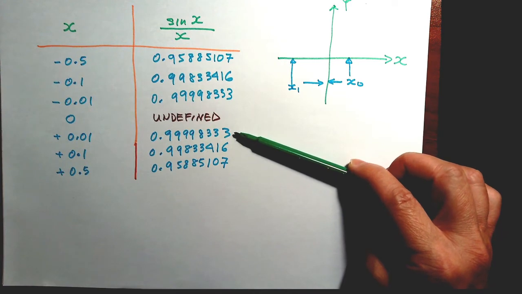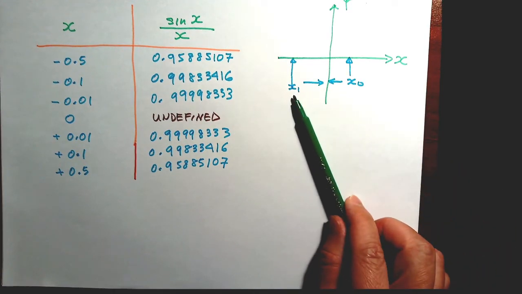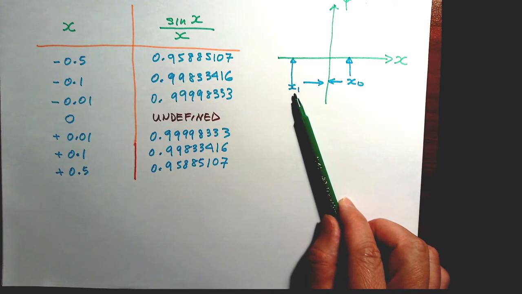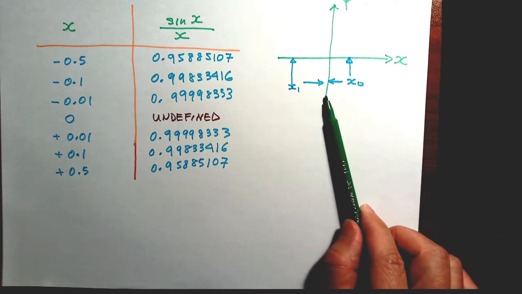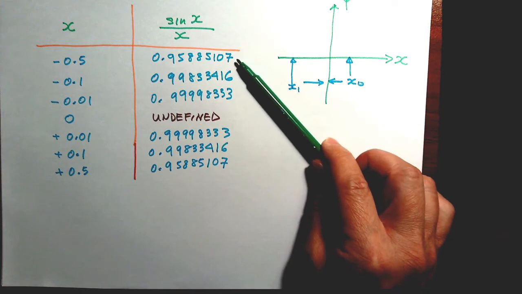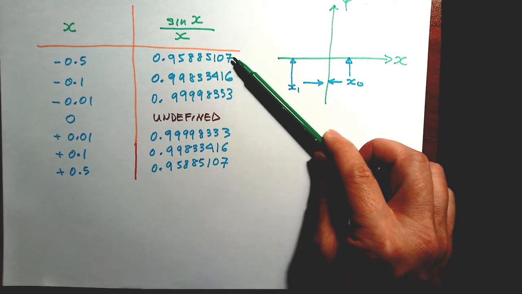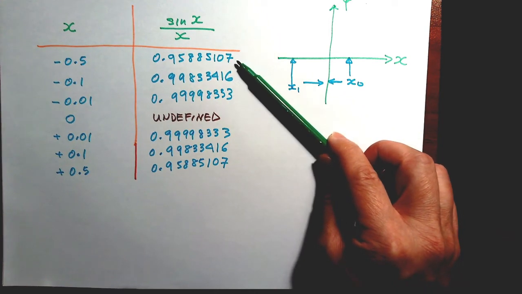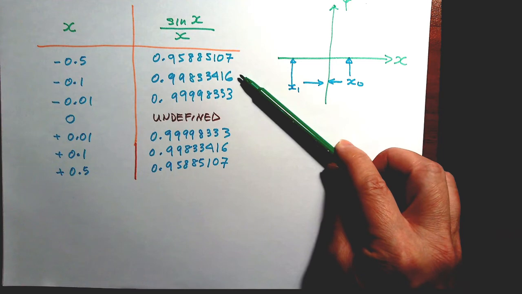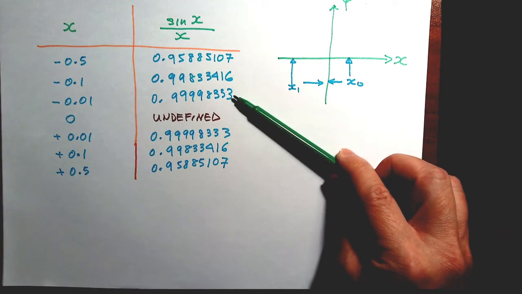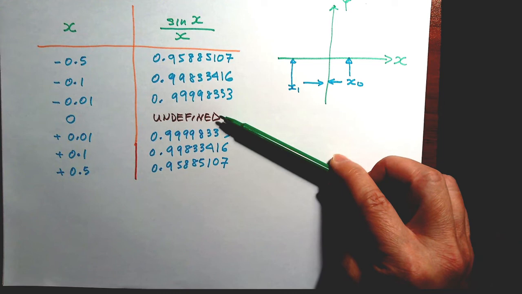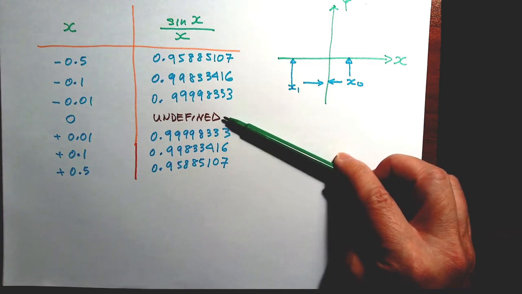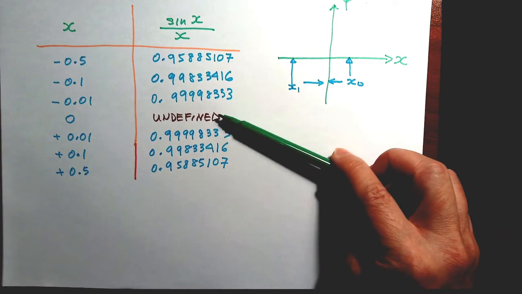And when the value of x tends towards 0 from the negative side, it seems that the value of the function sine x over x approaches 1 also: 0.9588, 0.9983, 0.9999. But at the point 0, it's actually undefined. So it can approach 0 but never get there.